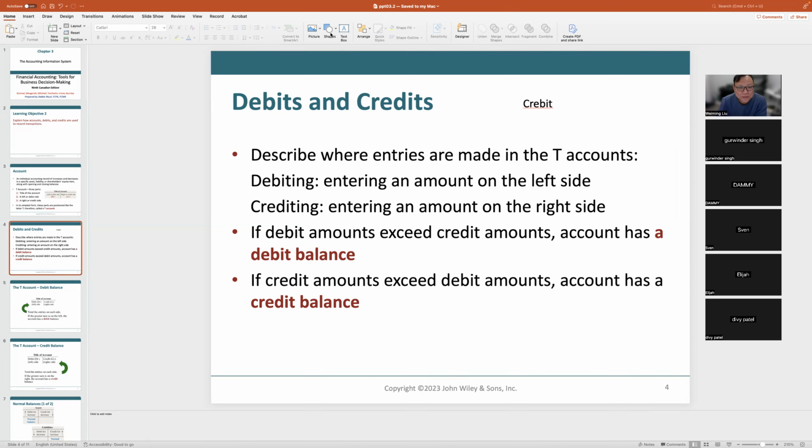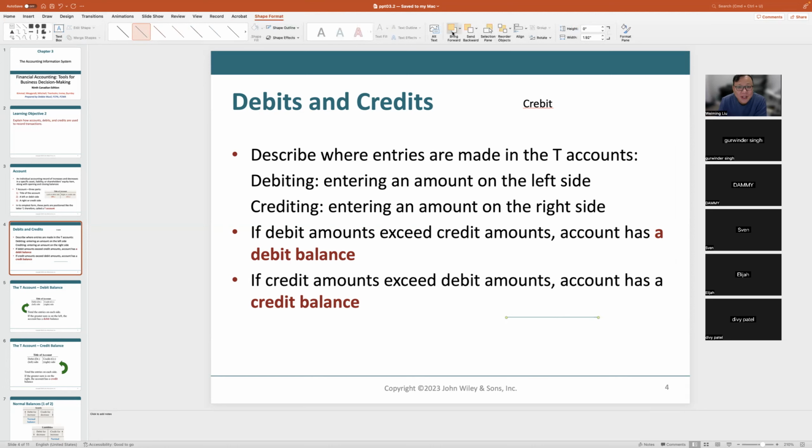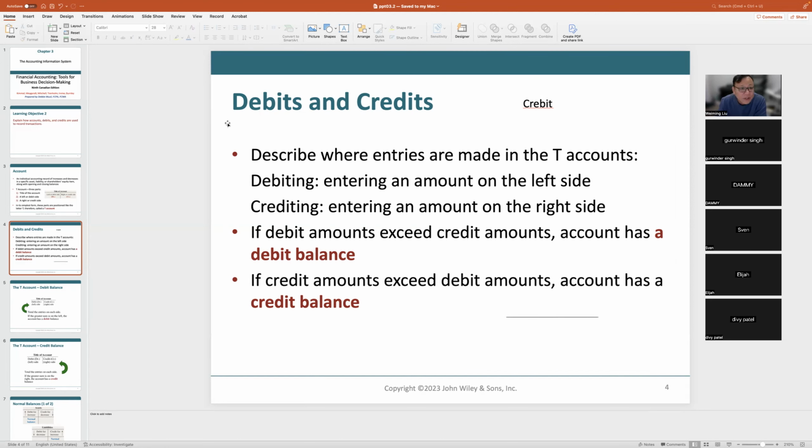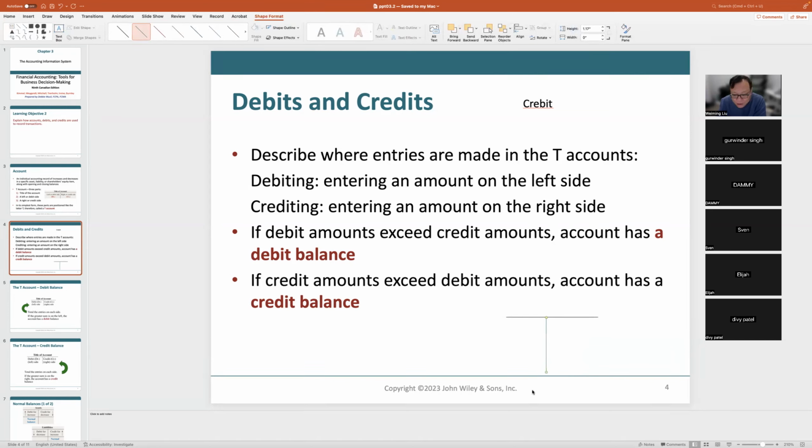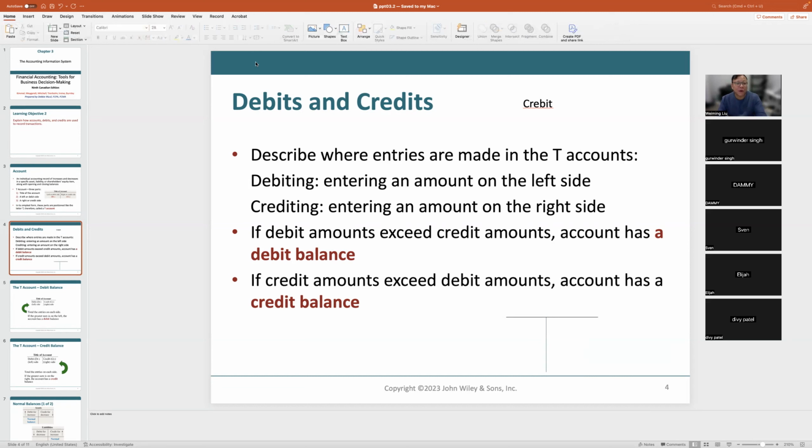Okay, so I'm going to draw a picture. So this is one line. Just need a line here. Suppose this is a cash account, right?